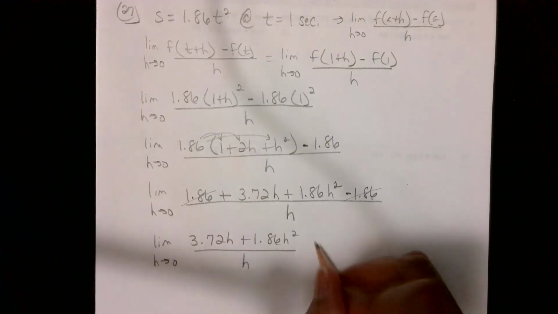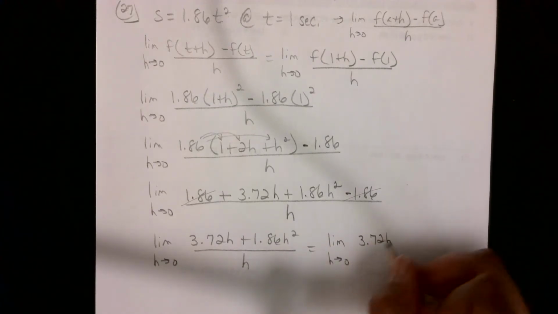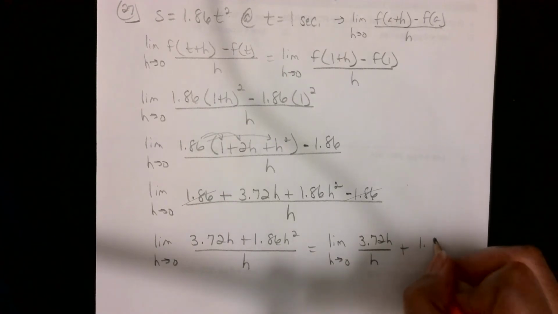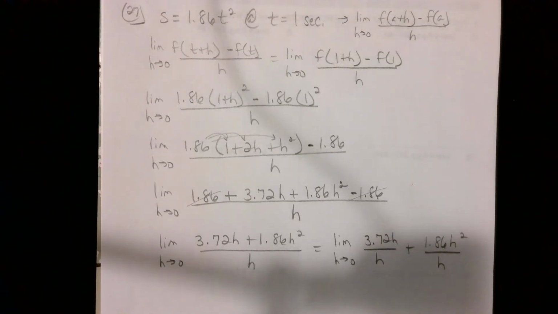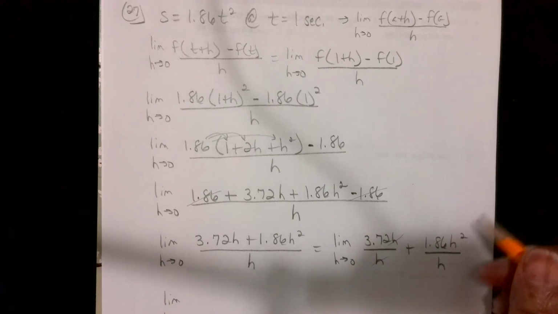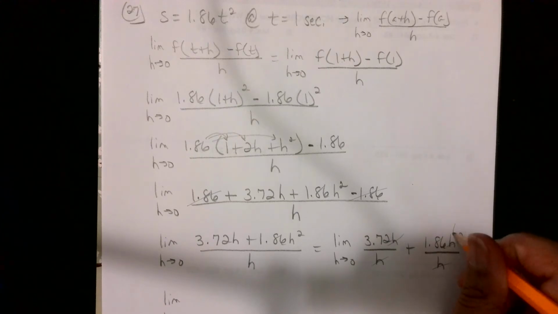And then separate it. And then simplify. So we get the limit as h approaches 0 of, that simplifies, and one of these h's simplifies, so there's one left.